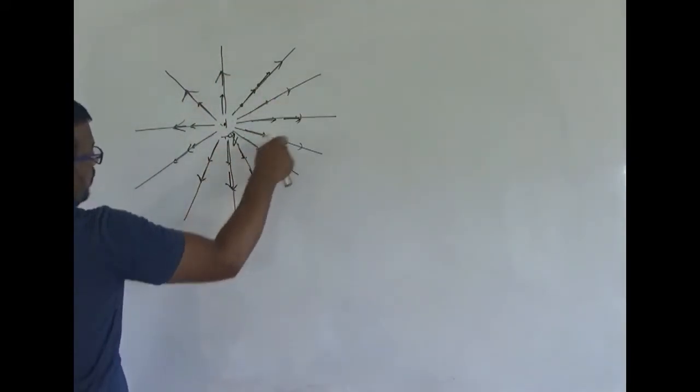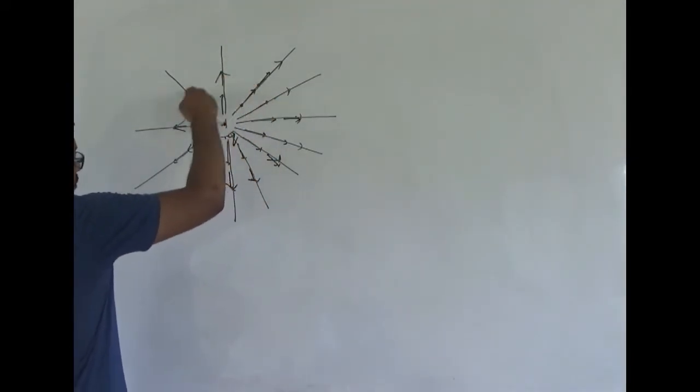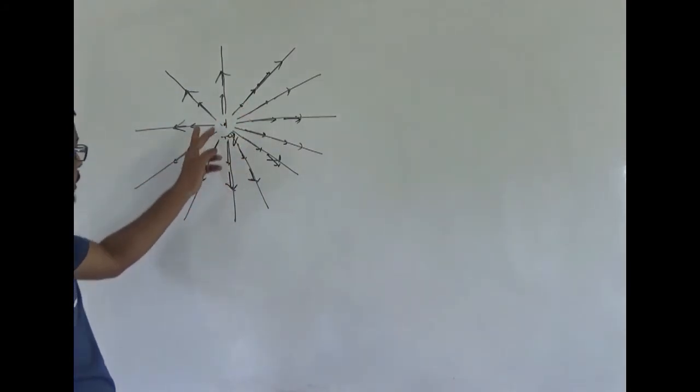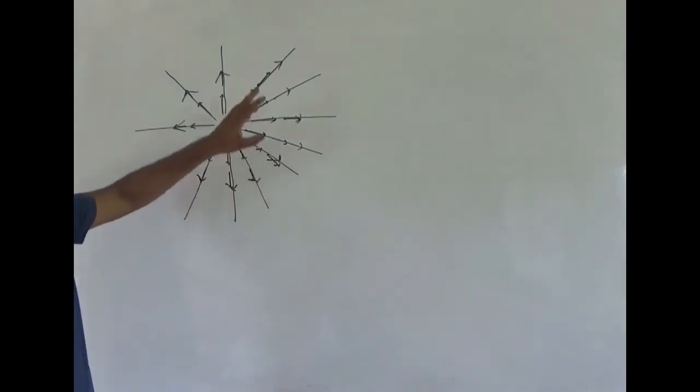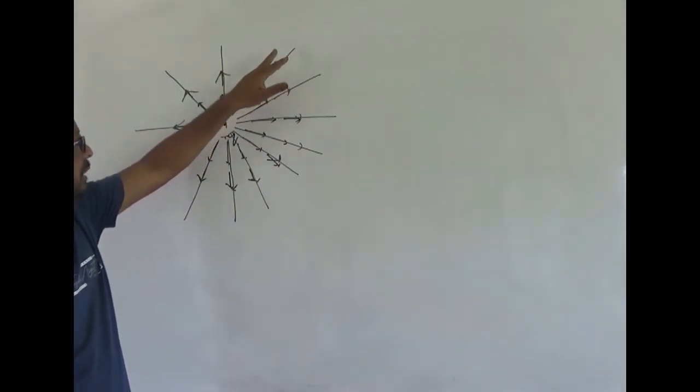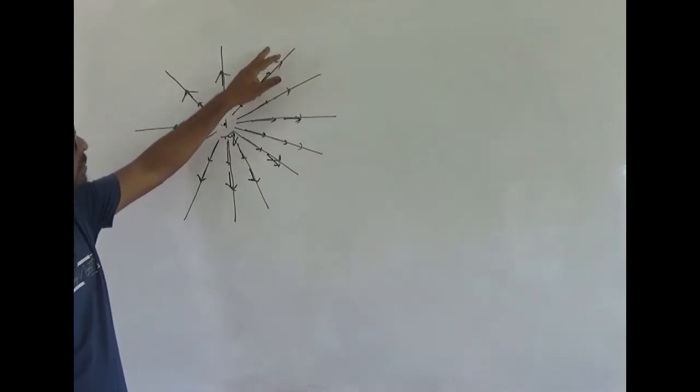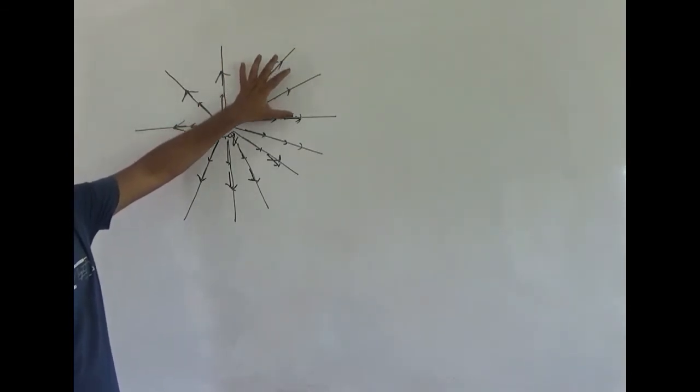Clear? If these arrows are joined, we get lines emanating radially outward from a charged particle. These lines are called electric field lines. Here, in this region, the lines are closely spaced, but in this region, the lines are spreading out. That means, in this region, the lines are well separated, right?